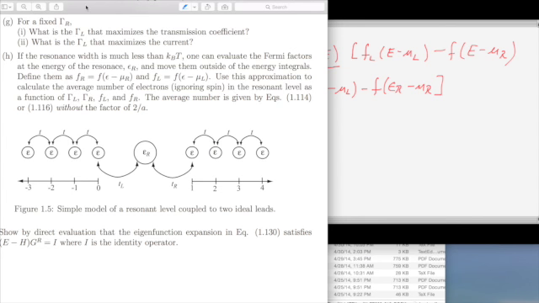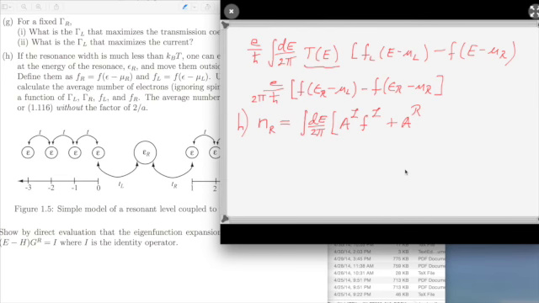What did we have? We had something like integral dE over 2 pi. This is the only way I can ever remember it. A left times f left plus A right times f right.